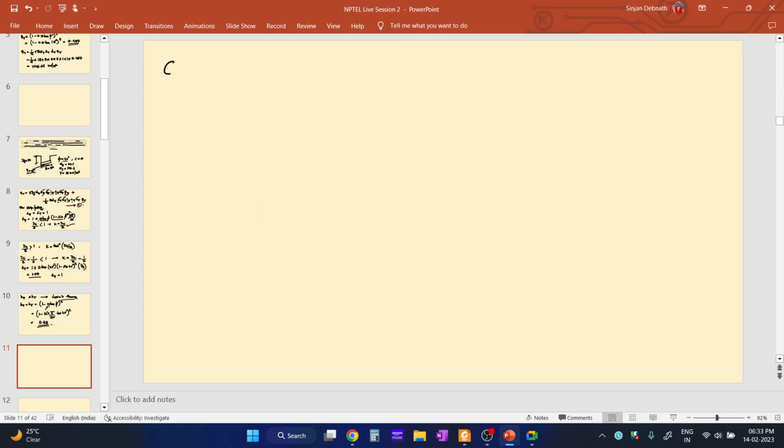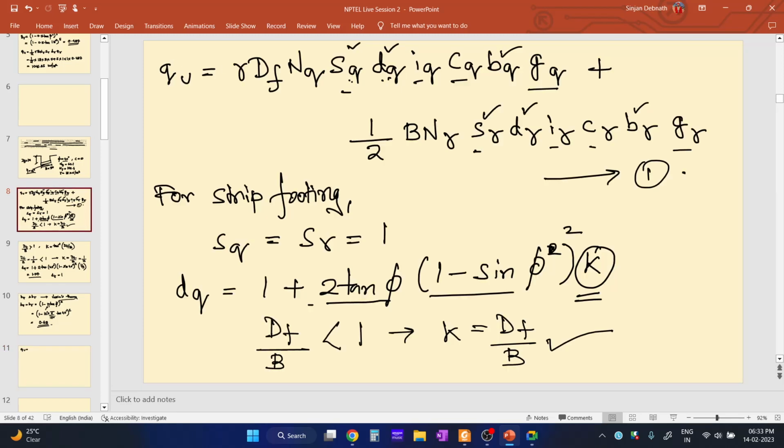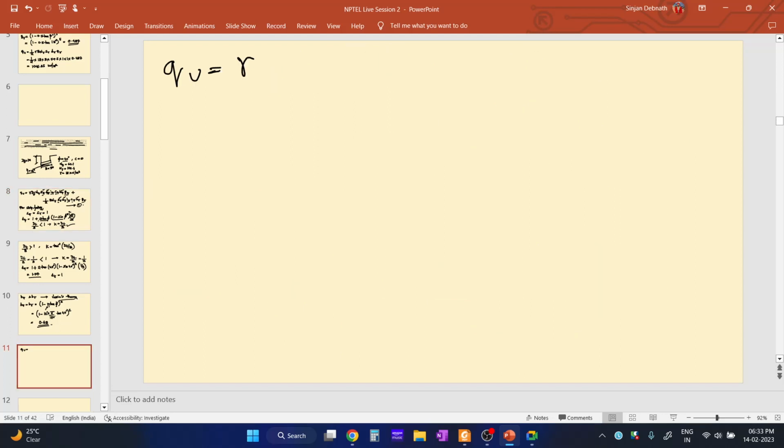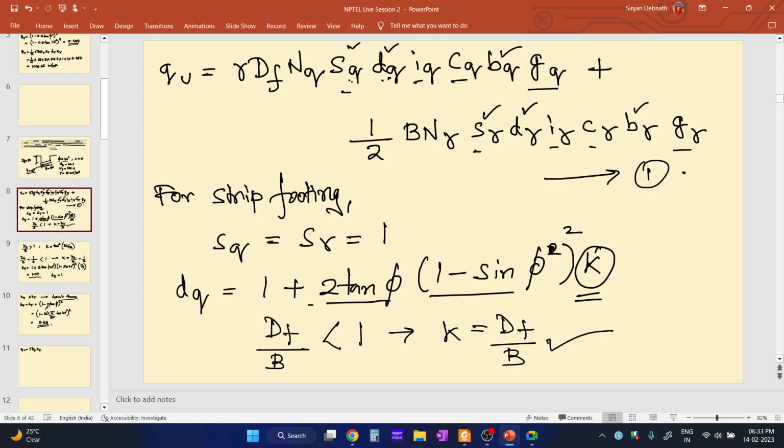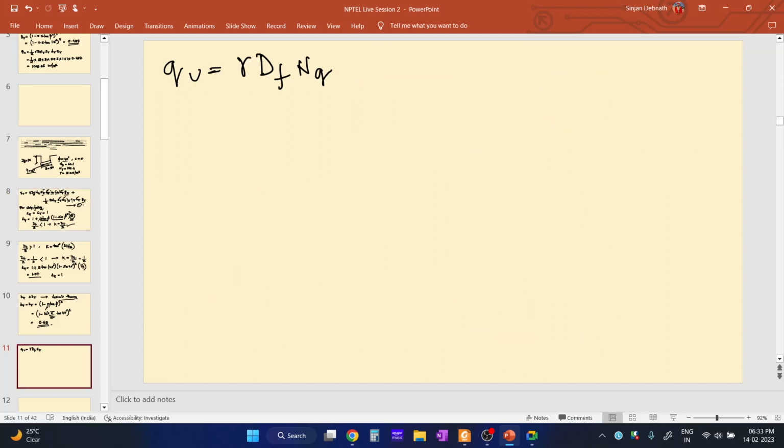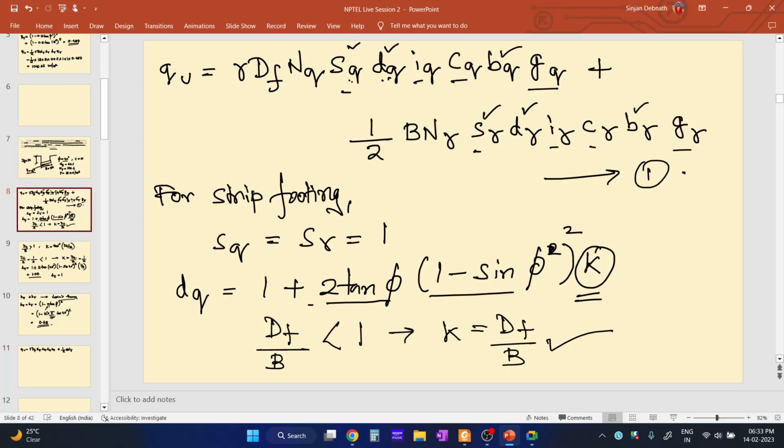So what is qu? qu is equal to gamma df Nq sq dq bq, plus half into B gamma N gamma, s gamma, d gamma and b gamma.